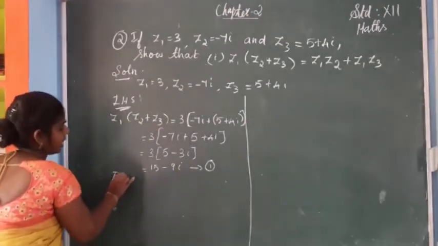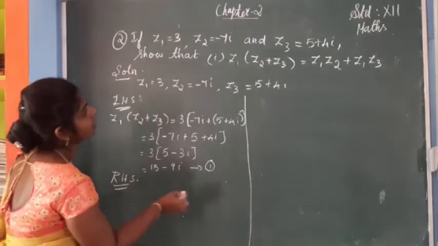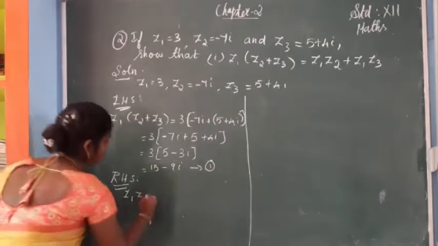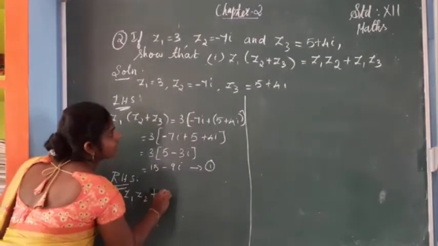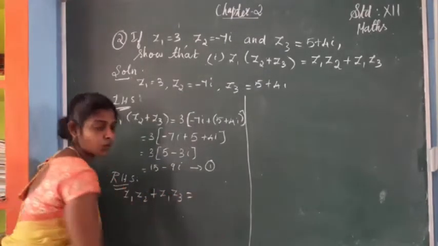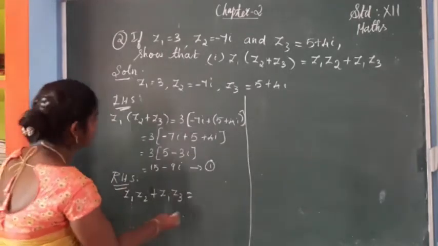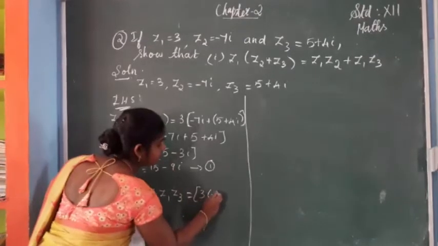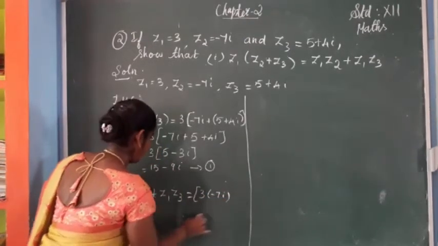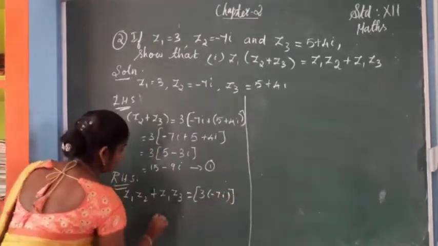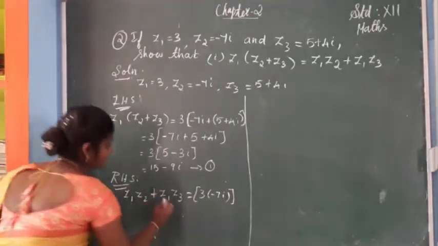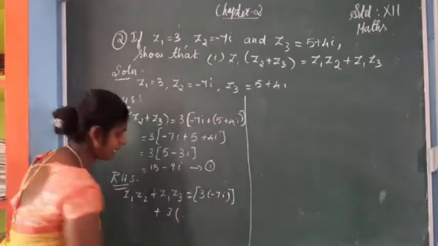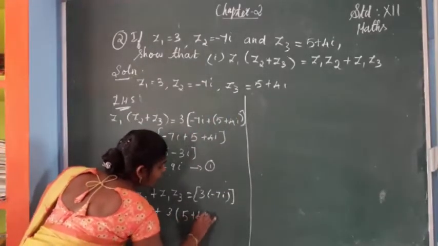Next, we can take the RHS value. So z1 into z2 plus z1 into z3 is equal to, z1 value into z2 value is minus 7i plus z1 value is 3 into z3 value is 5 plus 4i.